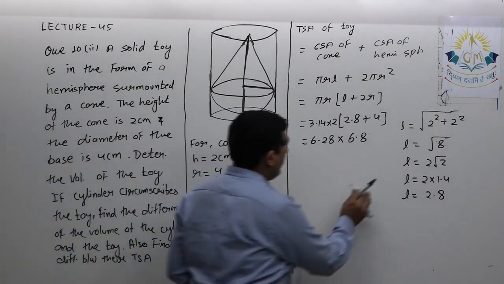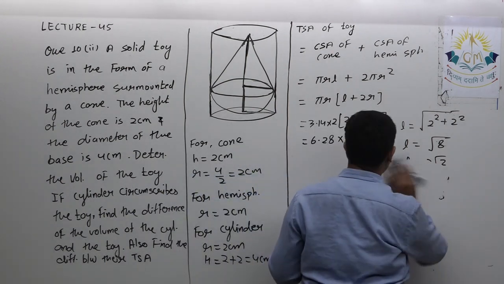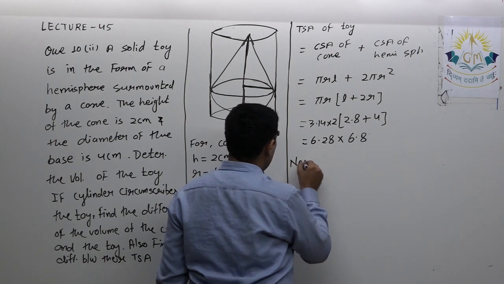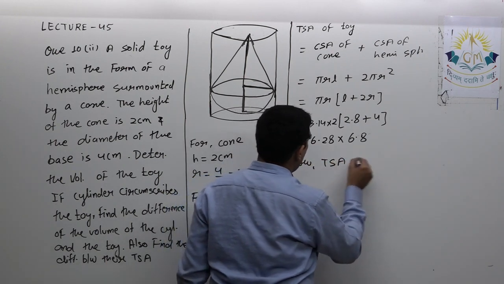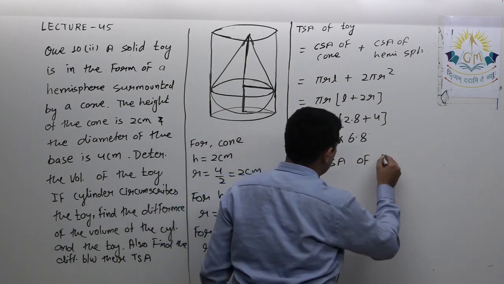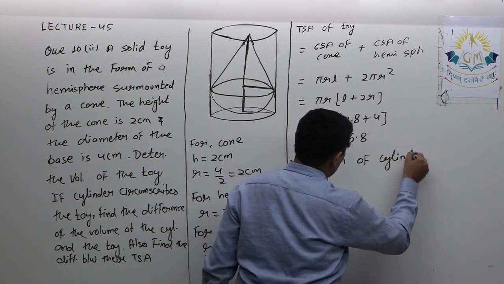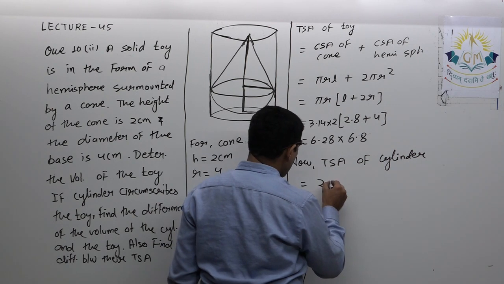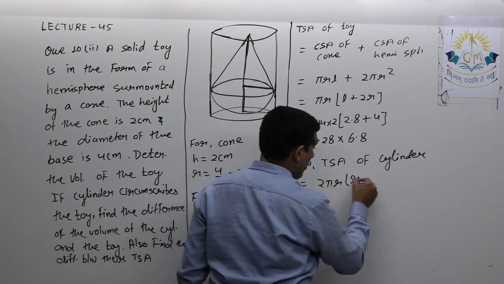Now I will find TSA of cylinder. TSA of cylinder is simple: 2 pi r (r plus h).